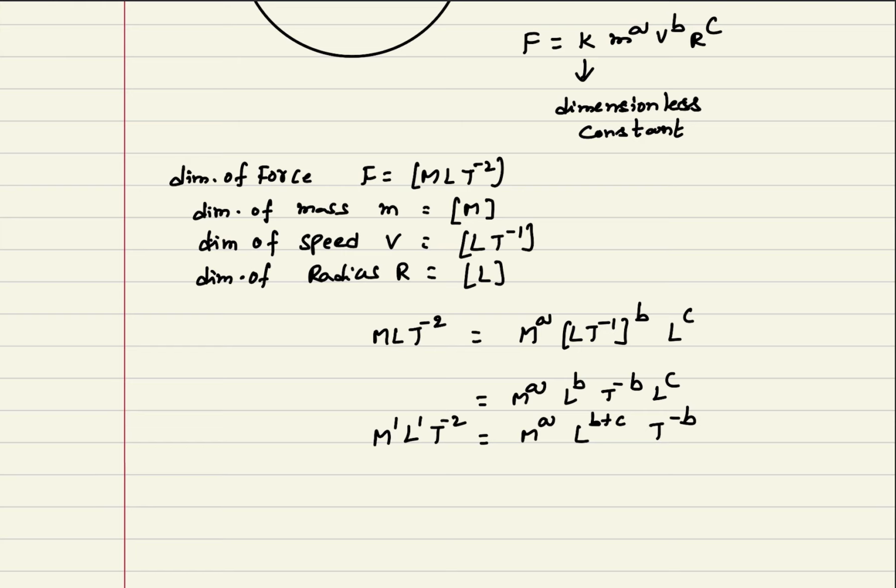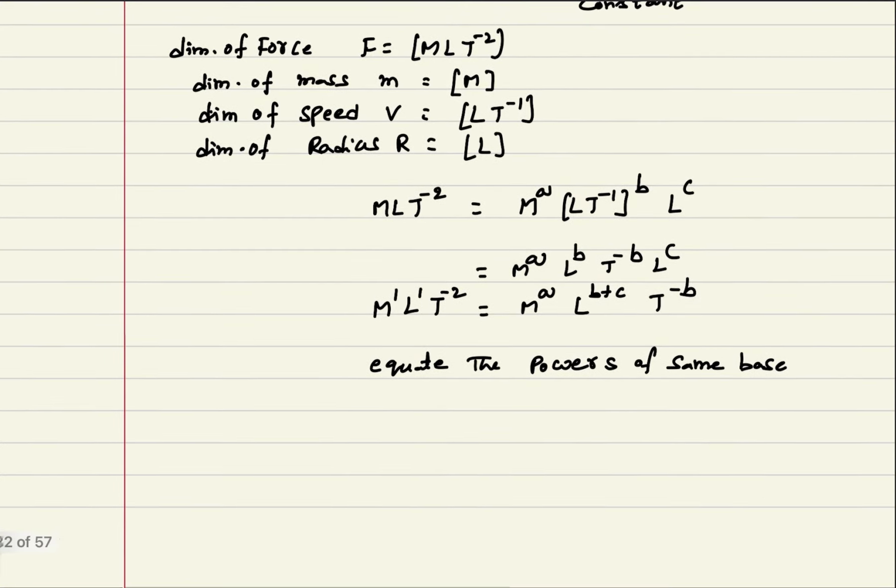Left side you can write M power 1, L power 1, T power minus 2. Equate the powers of the same base. M power 1 is equal to M power a, so a is equal to 1.